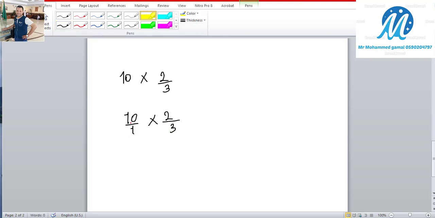If you ask yourself about simplifying 10 with the 3, you cannot, because there are no common factors between them. So in this case, just multiply the numerator by the numerator, which is 2 by 10, is 20. And 3 times 1 is 3. Can we leave it like this? Of course not. This 20 is more than 3, and this is called in math an improper fraction.